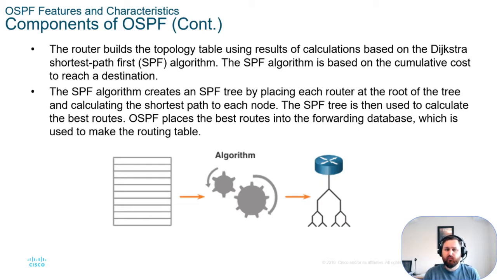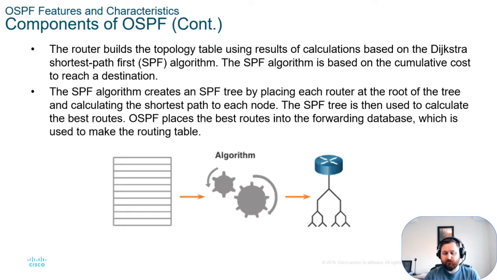Now, the one problem with the SPF algorithm, at least in its default state, is how it was configured. It was made back in the 80s, I think. And back then, a 1 gigabit connection was something no one had even heard of. They're like, yeah, that might exist, but it will never really get there.